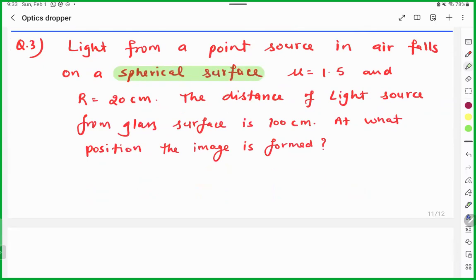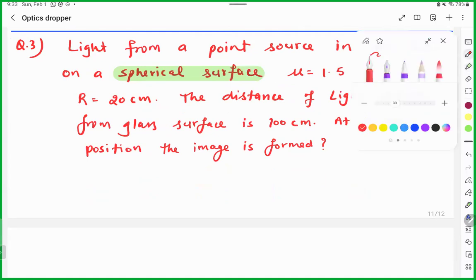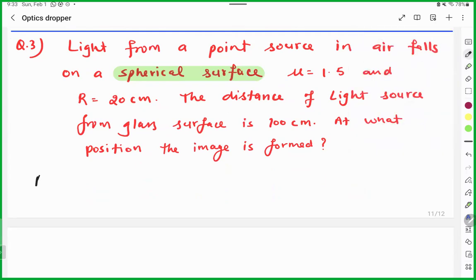So we can take nu2 as 1.5, nu1 as 1, no? Yes, you can. In this case, you can take nu2 as glass. The glass value is more, but in air, as already mentioned, nu1 value will be 1.